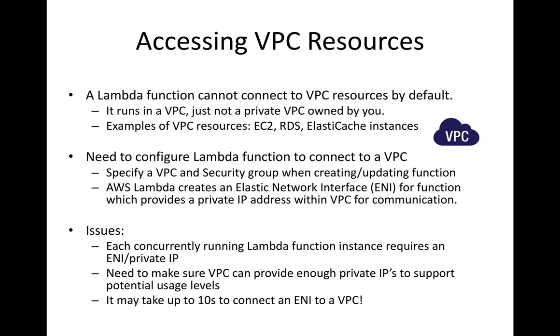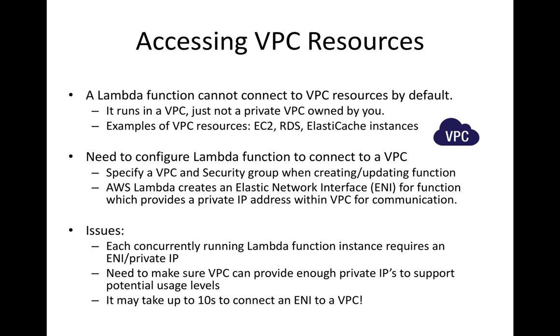And the function will actually get a private IP address within your VPC. It will use that private IP address to communicate with other resources running within your VPC. So this is what allows a Lambda function to talk to something like an RDS database.